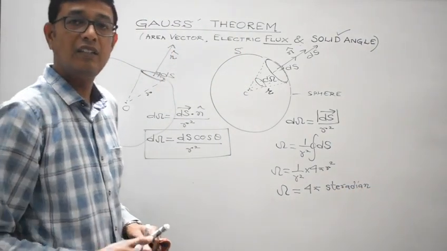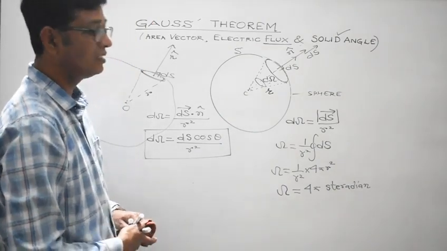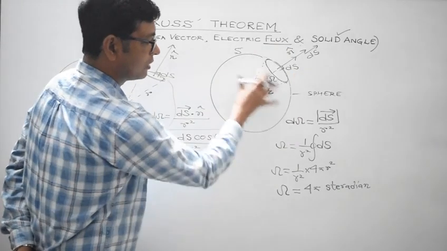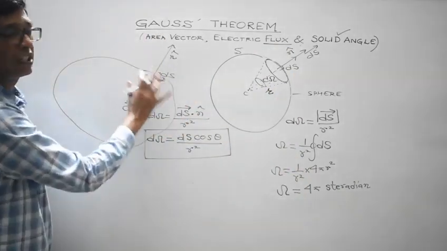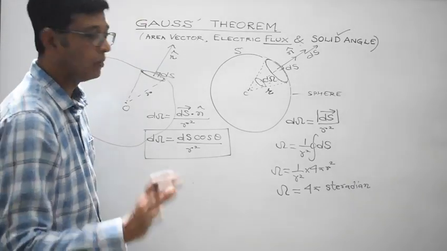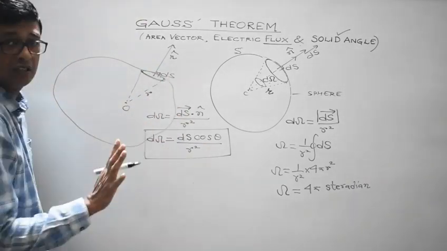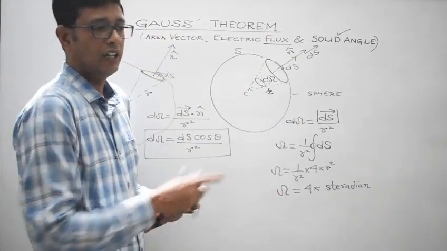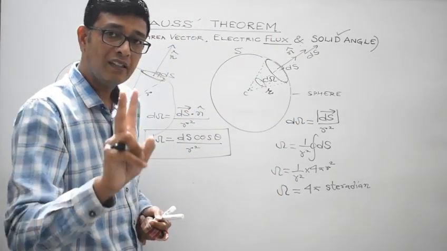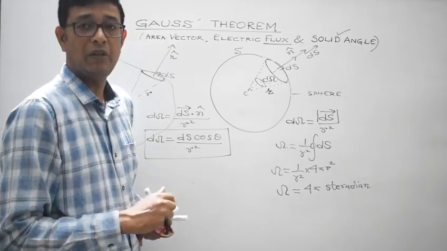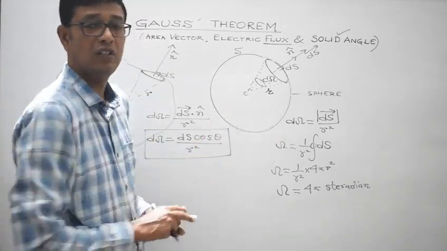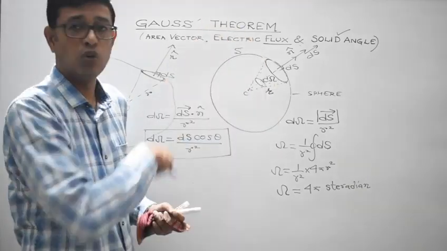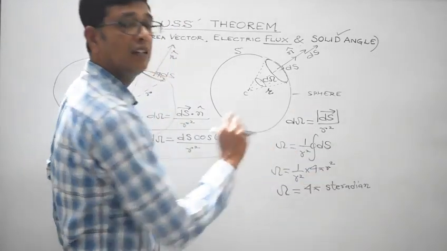The SI unit of plane angle is radian. The SI unit of solid angle is steradian. So the total solid angle, this we have proved for a sphere, a spherically symmetrical surface. It can be proved for any asymmetrical surface as well. I am not going to derive it here, but the total plane angle enclosed by a circle or by any closed loop is always 2 pi radian. In a similar manner, just remember, we have derived as well, the total solid angle subtended at a point inside a closed surface is 4 pi steradian.